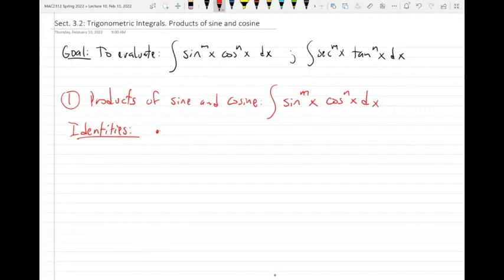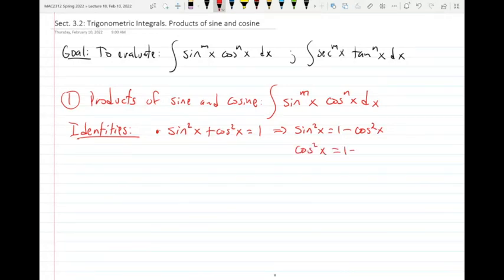So the first one, of course, is the Pythagorean identity, the fact that sine squared plus cosine squared is 1. Now, typically we're not gonna use it like this. Typically we use this in the following form. This means that sine squared is the same as 1 minus cosine squared, or cosine squared is the same as 1 minus sine squared.